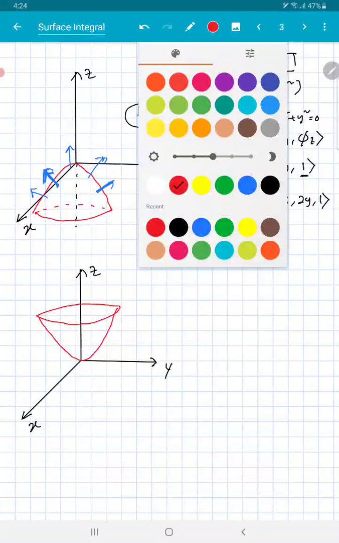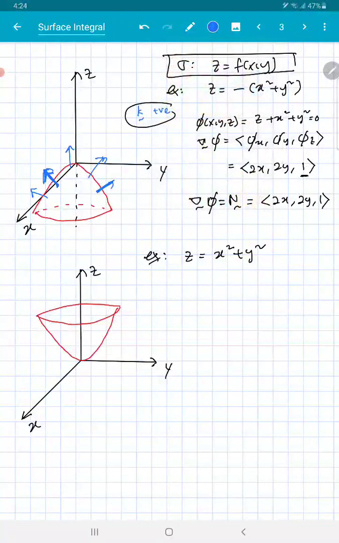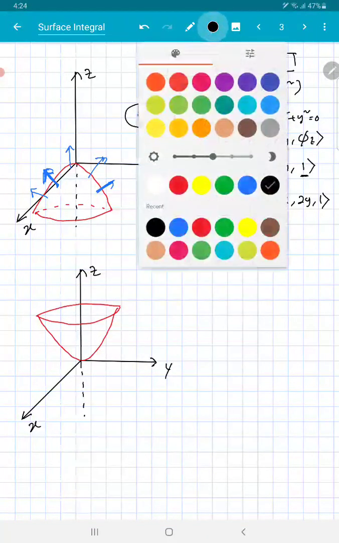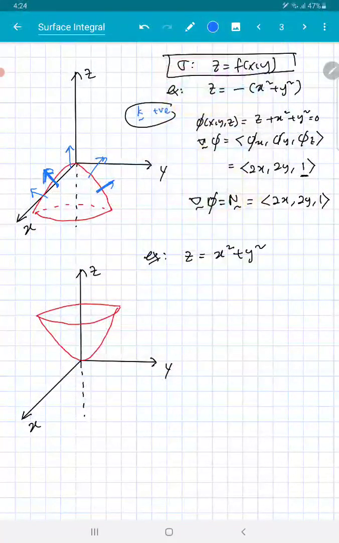Now you can see that the surface is facing the negative z-axis, which means that the normal vector to the surface would be pointing downwards, like so. So the z component, which is k, must always be negative.